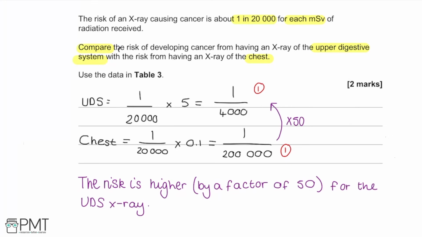Alternatively, I could have just written the bit in purple down the bottom, so I would have got 1 mark for saying that the risk is higher for the UDS x-ray than the chest x-ray, and then the 2nd mark for saying that this was by a factor of 50. So there's a couple of different ways you could go about this. One's a bit more qualitative, and then the top one with the calculations is just working with the numbers and coming out with the exact values of the risk.